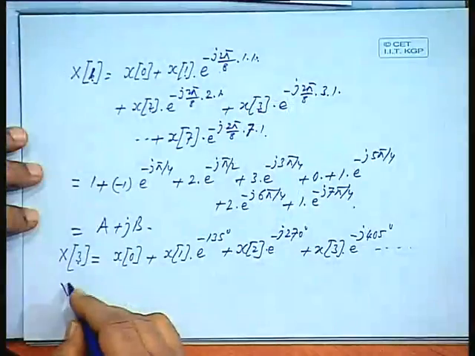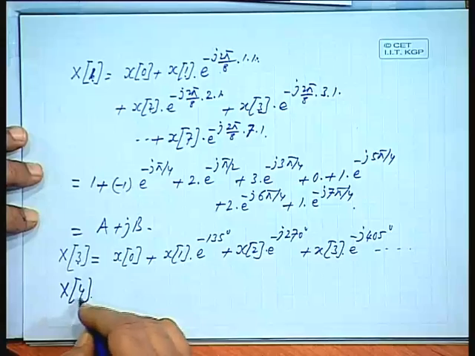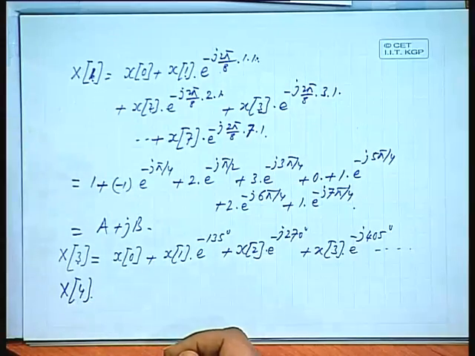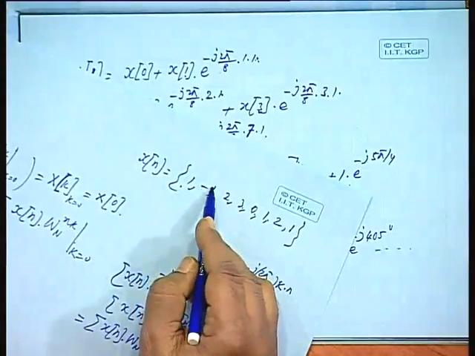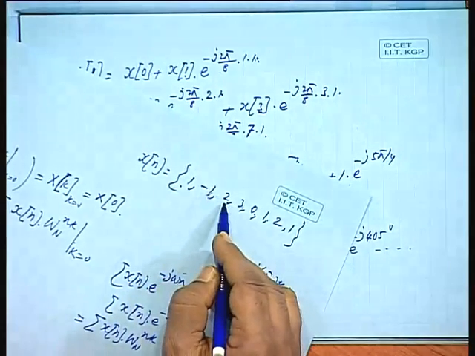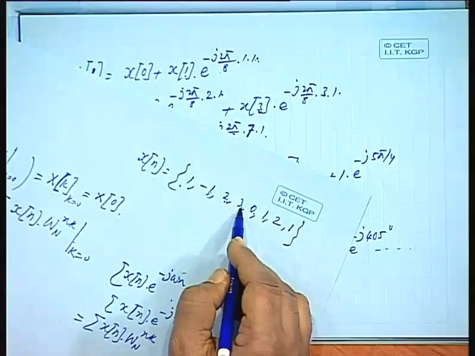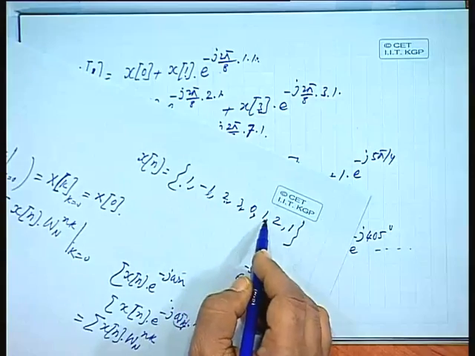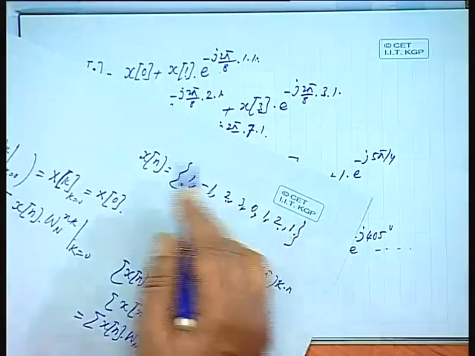So when we compute X 4, which is half of capital N, that is for the 8 point sequence, if you take half of it, the basic angle will be 180 degrees, all right. So alternately the signs will be changing, okay. So if I ask you to compute X 4, blindly you can write 1 minus of this, which is plus 1, minus then plus of 2, minus of 3, plus of 0, minus of 1, plus of 2, minus of 1, that will be the net result.